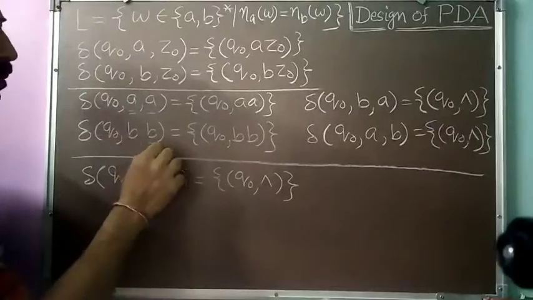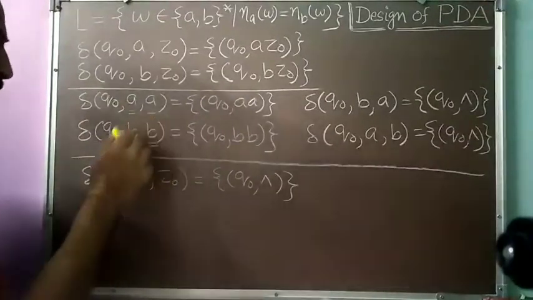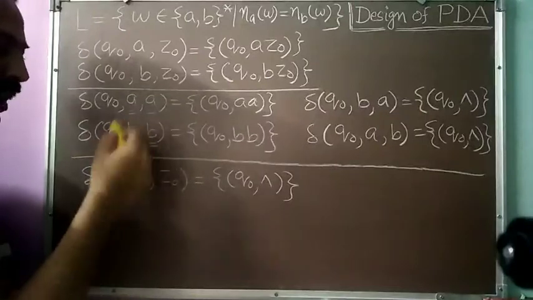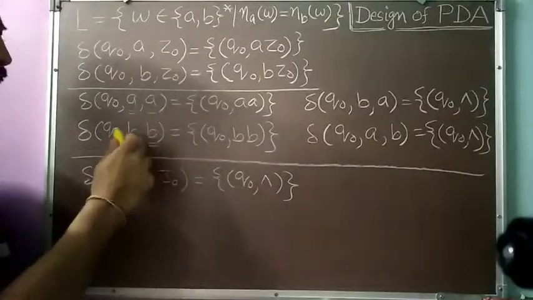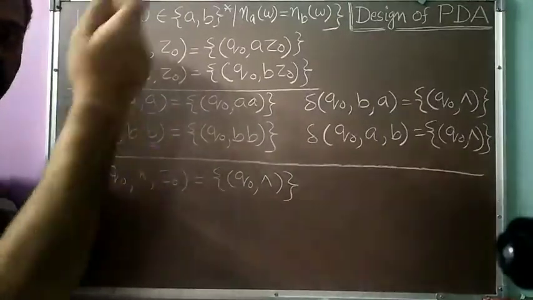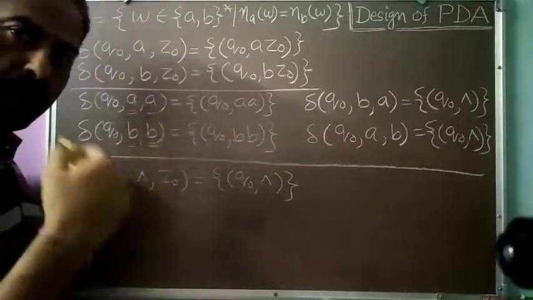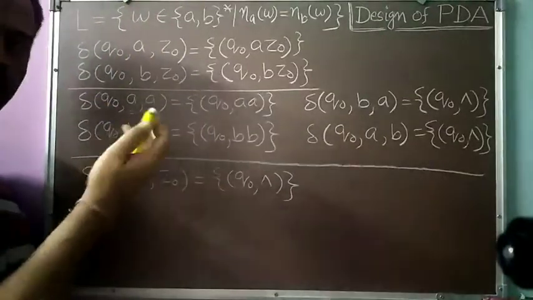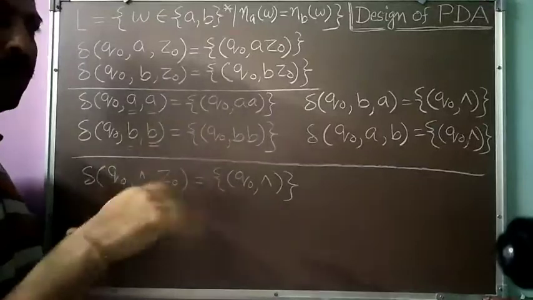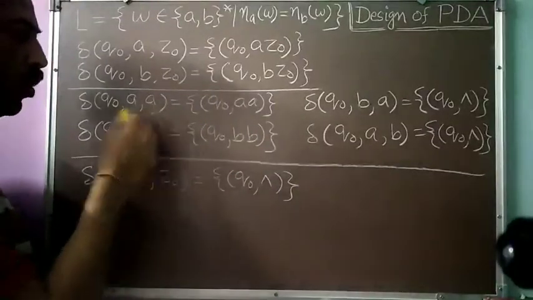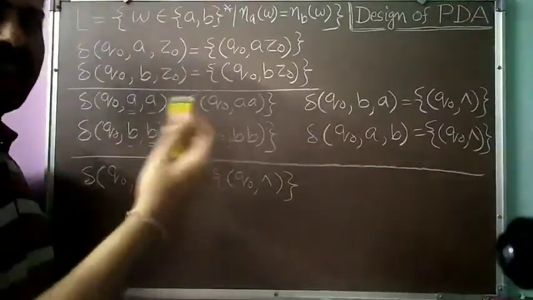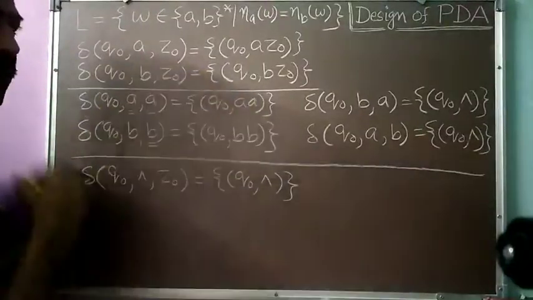Similar is the situation when B is on the top of the push down store and we are getting B in the input as well. Being B on the top means that the number of B's is more, so whatever B's we get from the input, we will push to keep a count of how many extra B's have come. So this will be the pushing operation.